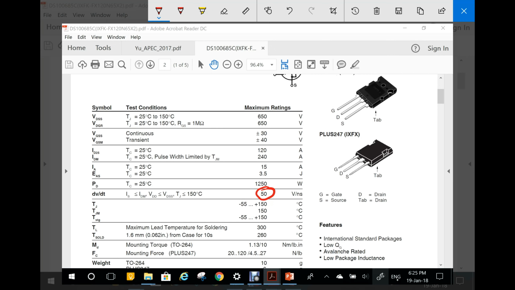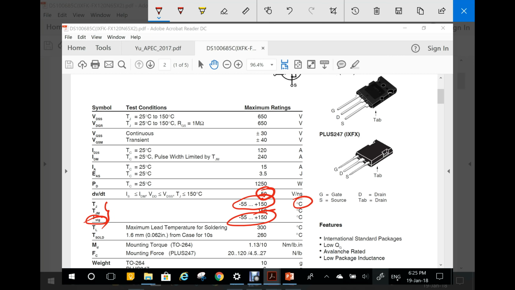Okay, now we move to the temperature. This is the maximum temperature allowed of the junction, and it says that's between minus 55 and 150 degrees centigrade, and that the maximum is 150, and that the storage temperature is also the same thing.